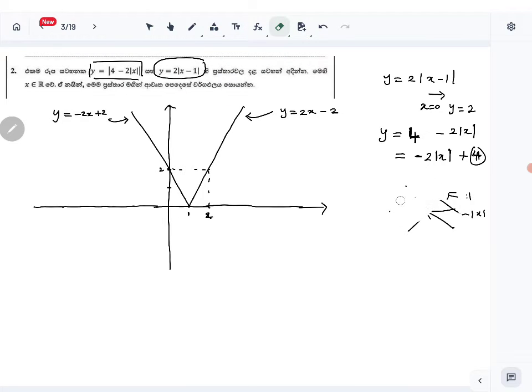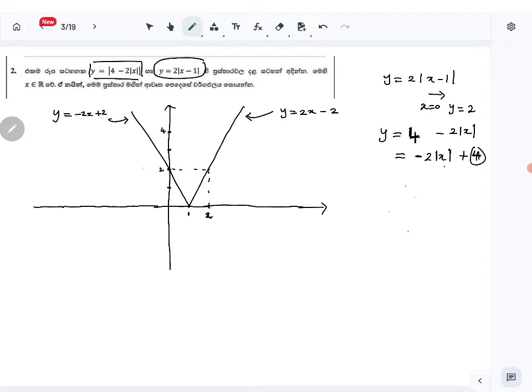Right. So this one, where is the vertex? Vertex of this graph is at 4. Y value 4 when x value is 0.